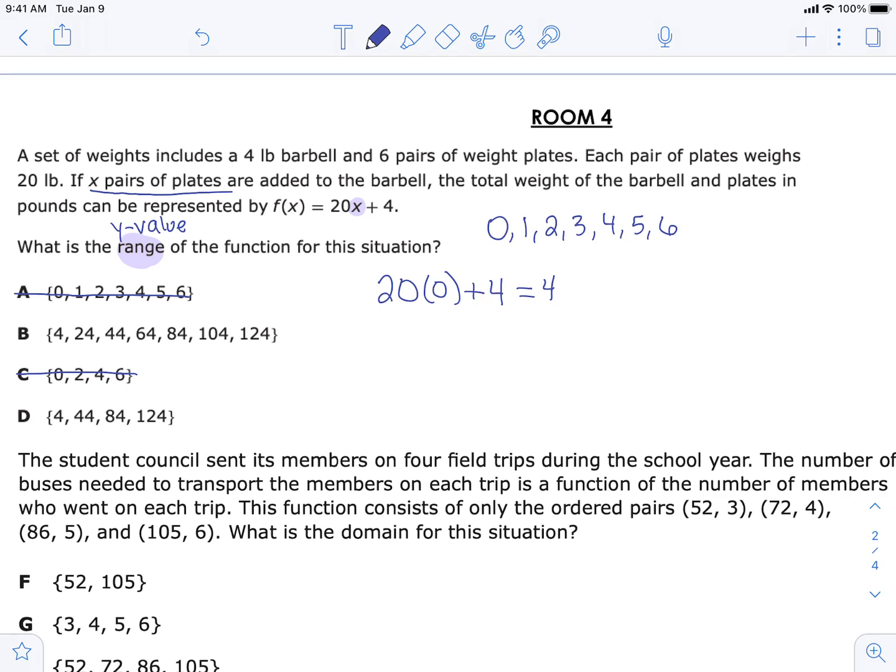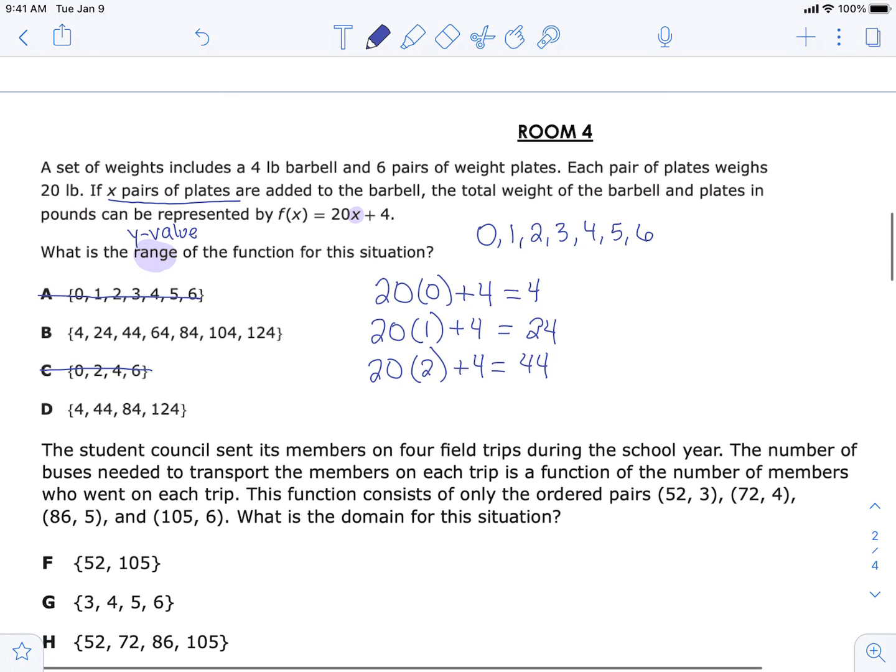That means it's only going to be 4 pounds. If I put 1 pair of weights on there, that's 20 times 1, which is 20 plus 4, which is 24 pounds. If I have 2 pairs of plates, that's 20 times 2, which is 40, plus 4, that would give me 44 pounds. So looking at my options, D does not have that 24 pounds that we would have. So it looks like our answer is going to be B.